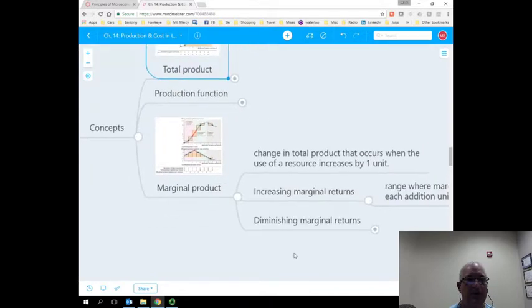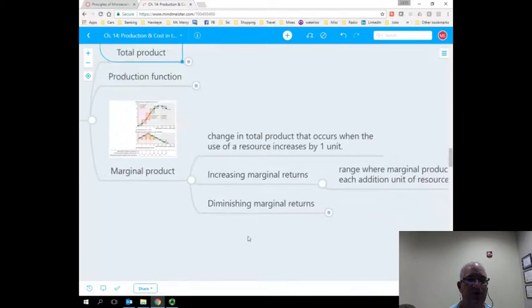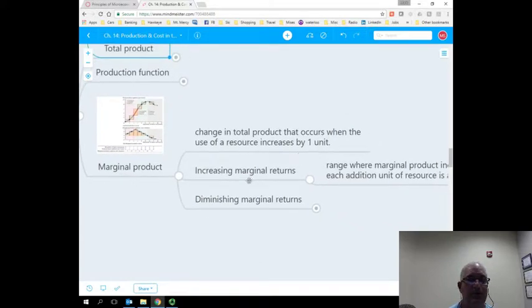And then the third concept we have here is marginal product. Like any other marginal concept we look at, we're looking at change. Here we're looking at the change in total product that occurs when the use of a resource increases by one unit.